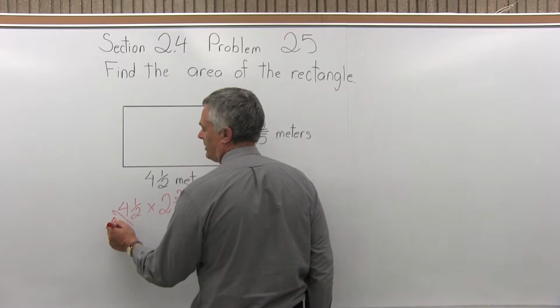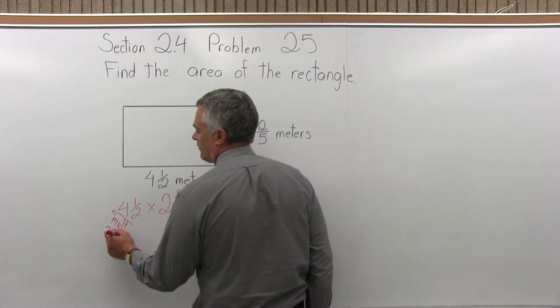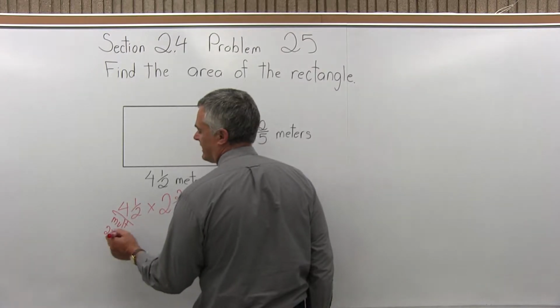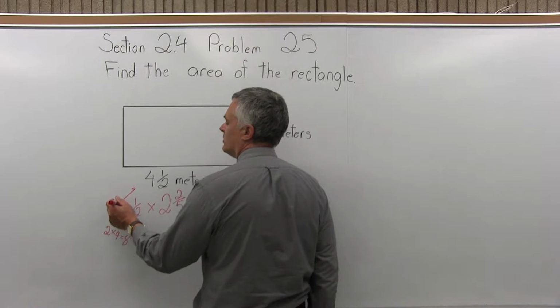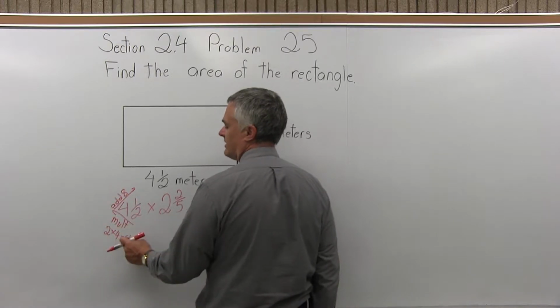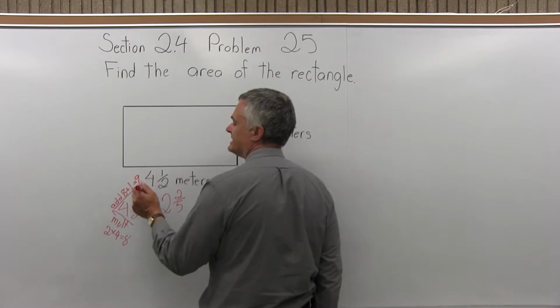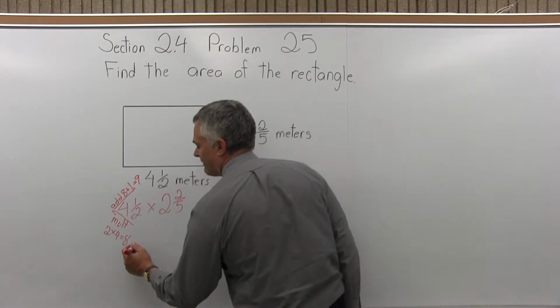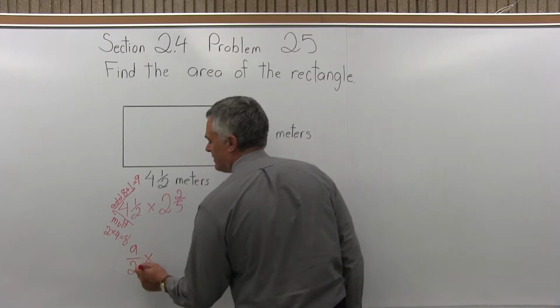So I will multiply 2 times 4, which gives me a result of 8. Then I take that result and I add it to the numerator. So I will add the result of 8 plus 1 more for the numerator. 8 plus 1 more is 9. So 4 1/2 can be written as 9/2.